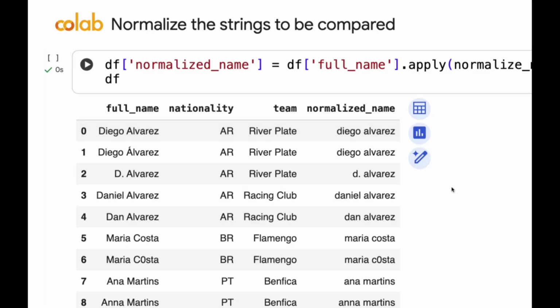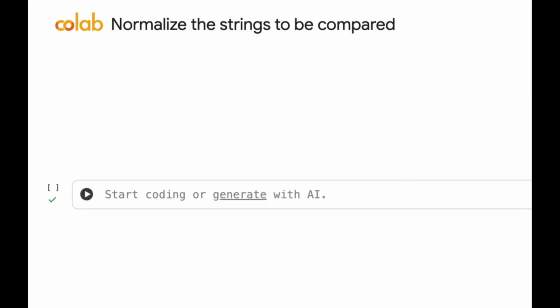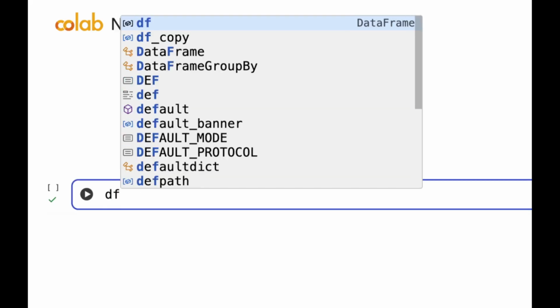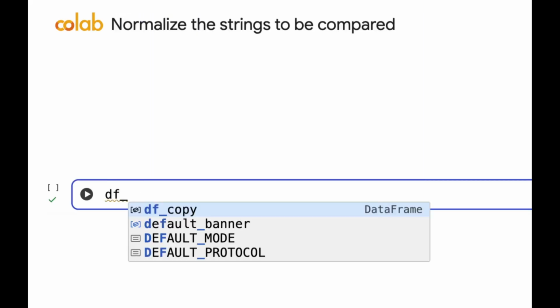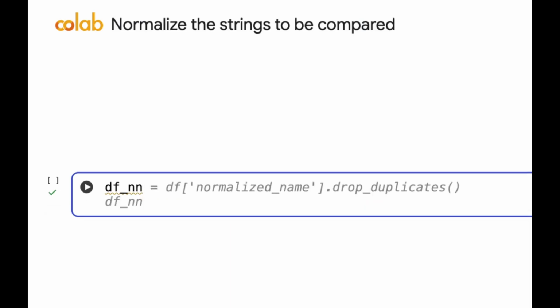So the next thing we can do is that we're going to create a new data frame. Let's say df underscore nn, for normalized name, right?